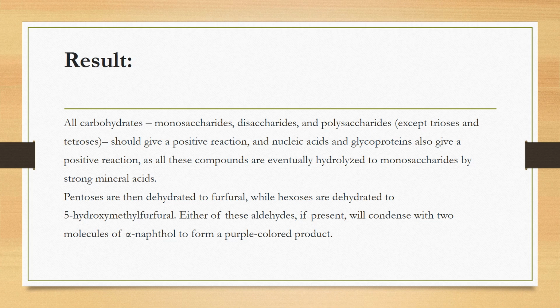Pentoses are then dehydrated to furfural, while hexoses are dehydrated to 5-hydroxymethyl furfural. So this furfural and 5-hydroxymethyl furfural react with the reagent of Molisch, which is alpha-naphthol, in the presence of concentrated sulfuric acid, and form the purple ring.